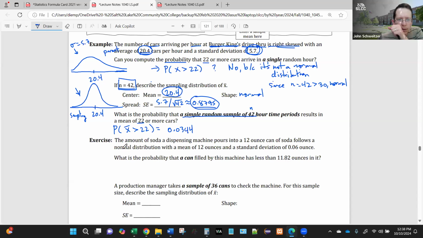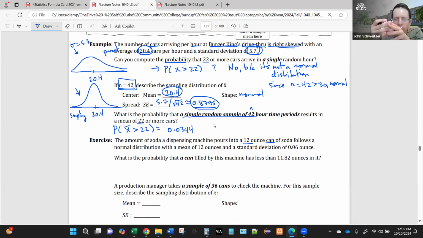Okay. In the second exercise, we're looking at quality control again. So maybe we're back at the Coca-Cola factory plant, and they're making 12-ounce cans of soda, lots of them, right? And you can't measure every single can after it's been made.